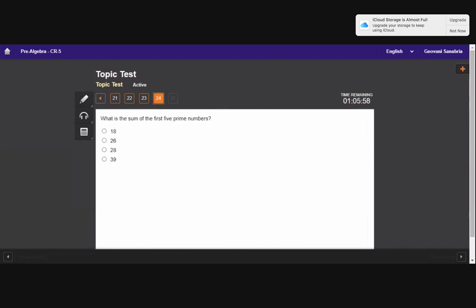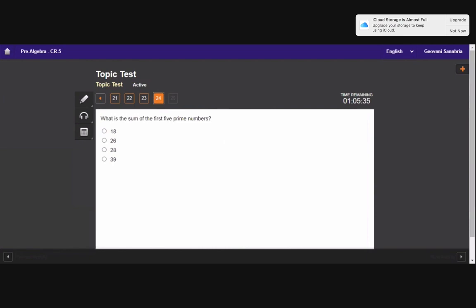For it to be a prime number, the only things you should be able to divide by are itself and 1. So 4 doesn't work because you can divide it by 2, which is not itself and not 1. 5, the only thing you can divide by is 5 and 1, so it's itself and 1.